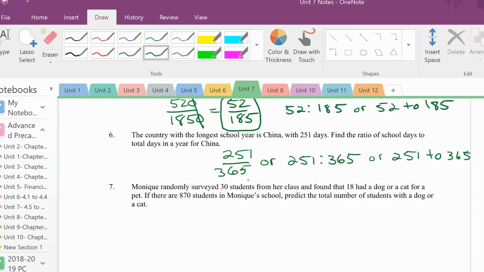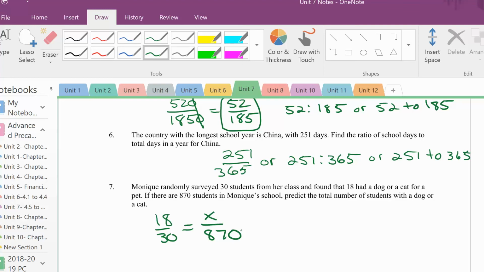Monique surveyed 30 students from her class and found that 18 had a dog or cat for a pet. If there are 870 students in Monique's school, predict the total number of students with a dog or cat. So in her class, there was 18 out of 30. But you want to know, if you surveyed the whole school, how many you think based on that ratio.